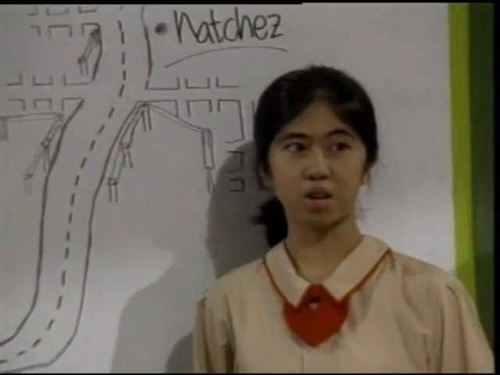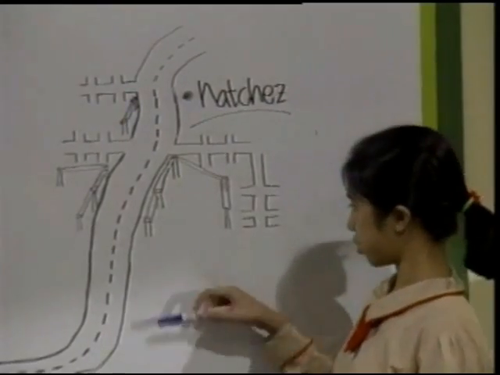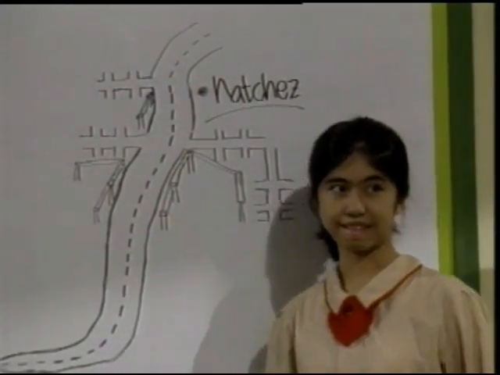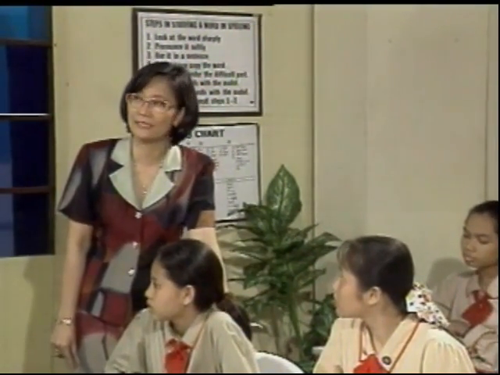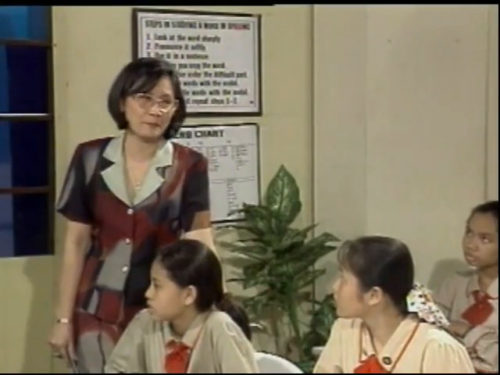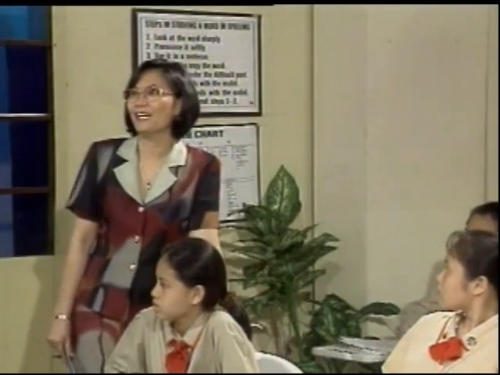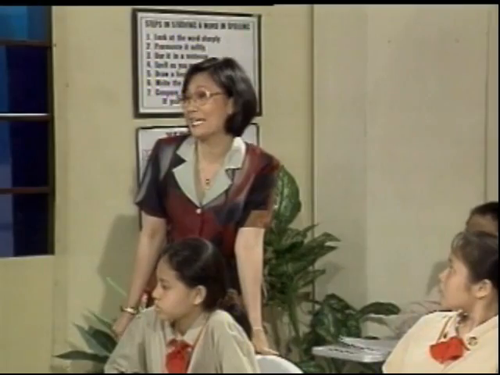Ma'am, she's going to a town called Natchez. We represented that by drawing roads and electric posts. Class, Natchez is a real town in the state of Mississippi, in the United States of America. Incidentally, Eudora Welty, the author, comes from that place.